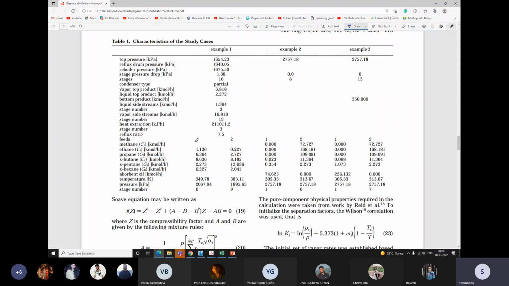So these are the feeds. There are two feed streams, feed 1 and feed 2. First I'll create the feed 1 stream.